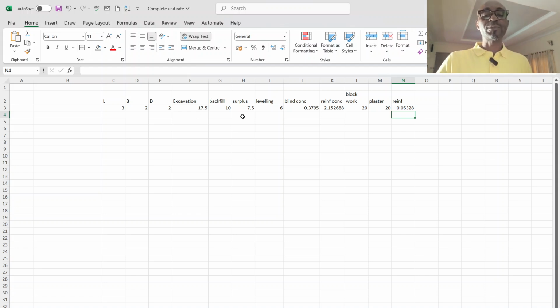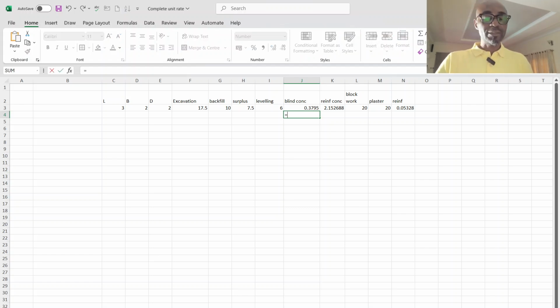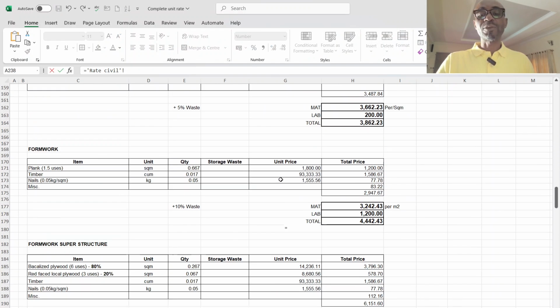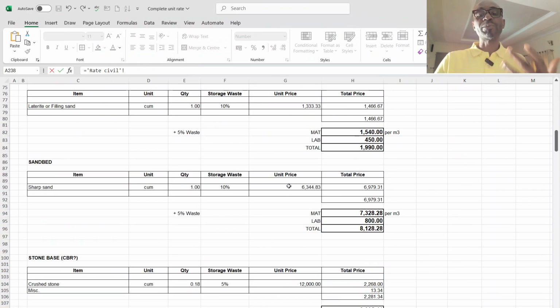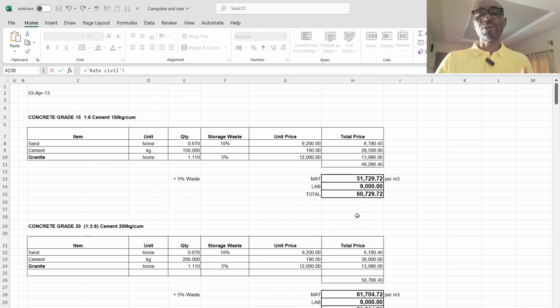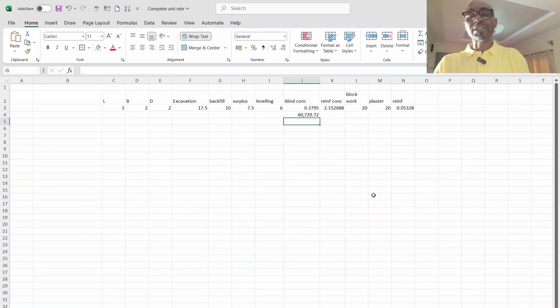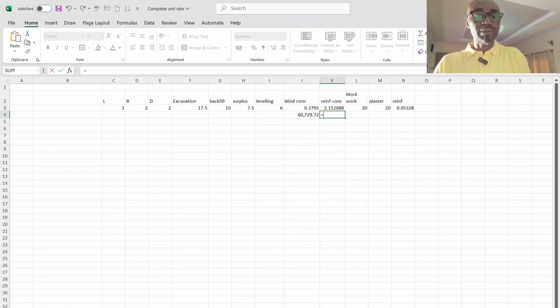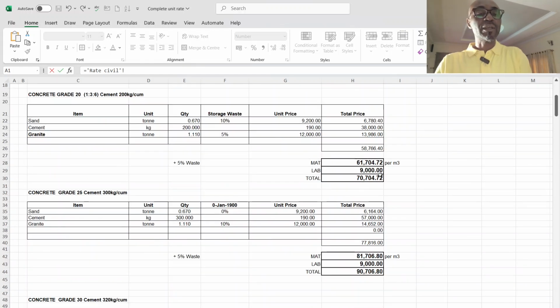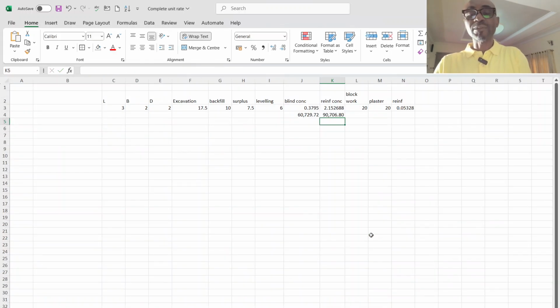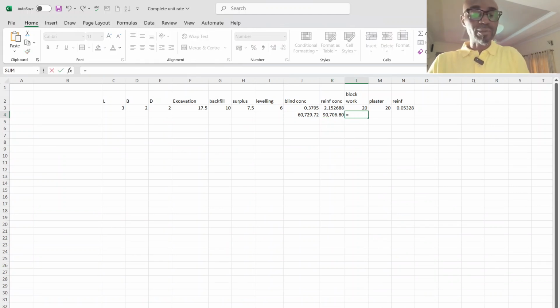So what I just need to do now is take this quick example. I go to my unit rate, my concrete. Let's take all. Let us not separate. I want to take all. I pick 60,000. I take this for this. I go to my unit rate. I pick 90,000. I go to, oh, there's no form work. I go to my block work.